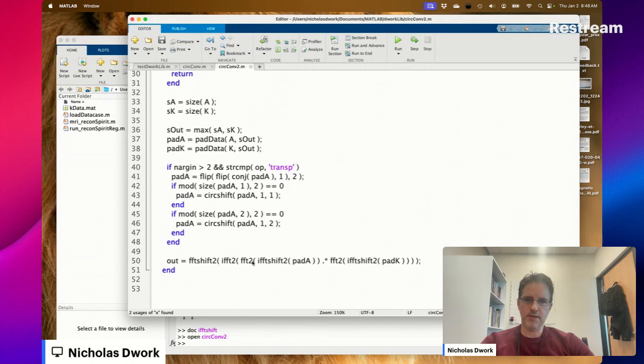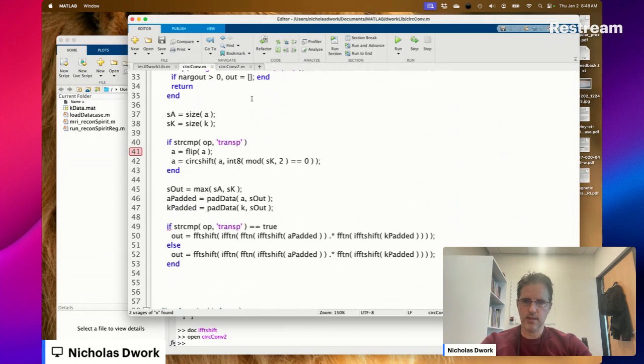IFFT shift FFT. Oh, why am I doing something different based on transpose? What is different based on transpose? Doesn't appear to be anything, does it?